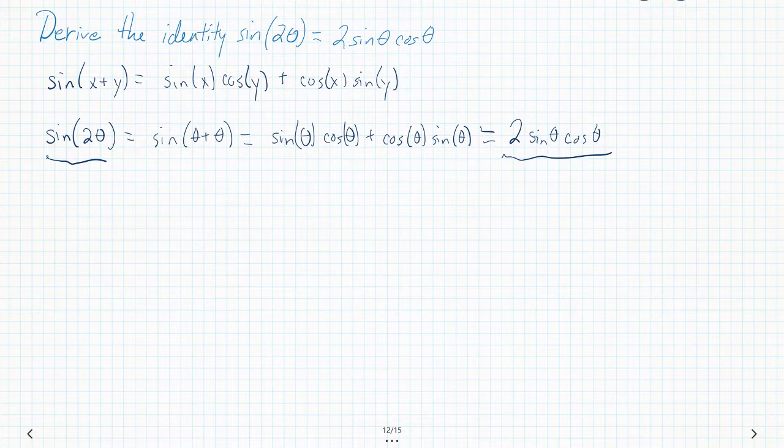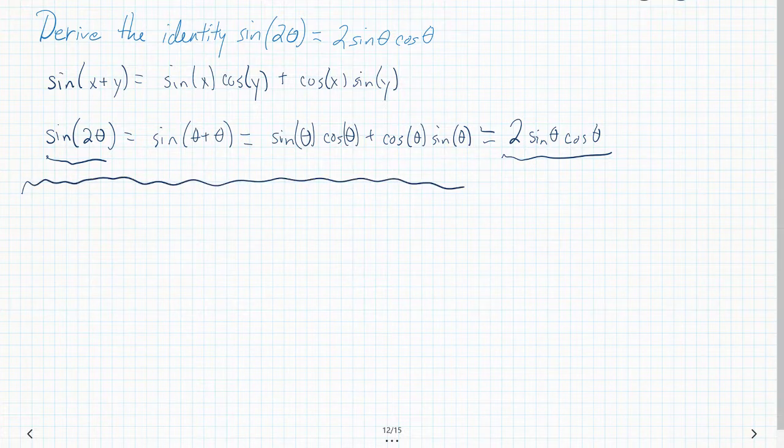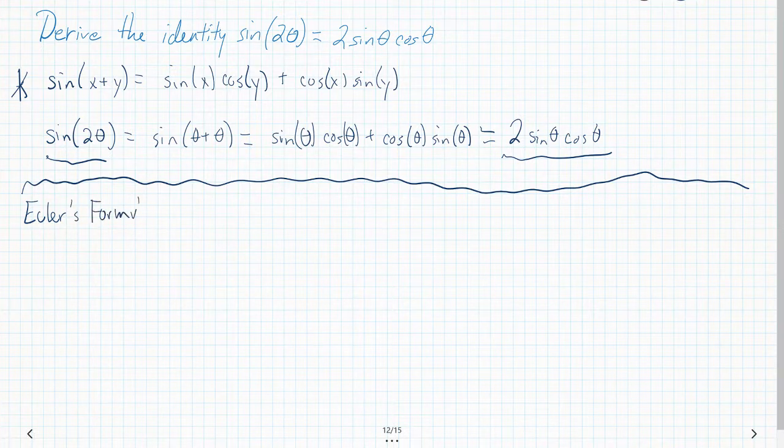You're done. I'm going to show you another method just for kicks, because it can prove all the trig identities, even this one right here, and it's based upon Euler's formula. And what does Euler's formula state?